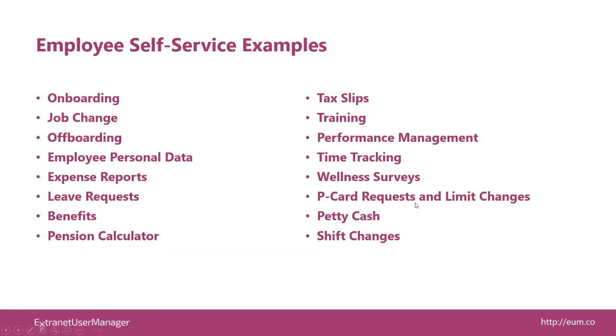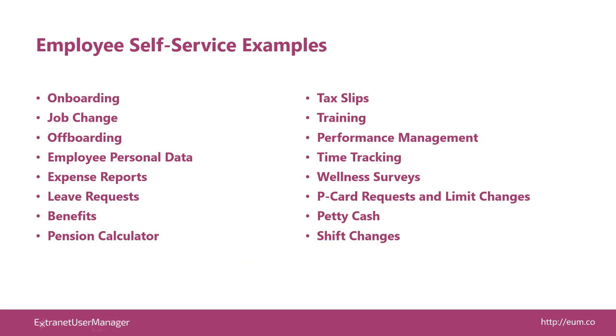So what are some of the examples from an employee self-service point of view? The list is pretty long. There's lots of different things that you can do. A lot of these examples we've done for different clients over the years. The whole onboarding, job change, offboard. You've got a new person and a bunch of things that happen, or somebody changed role and things need to change there, or somebody's leaving the organization. How do we offboard them effectively? Make sure all the tasks get done and things from that point of view.